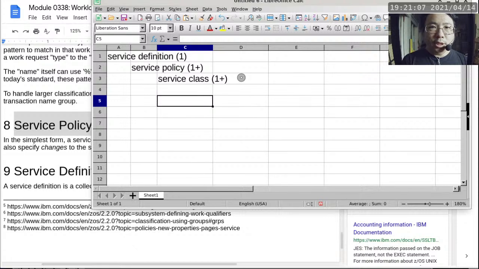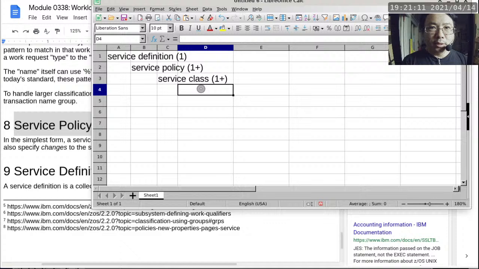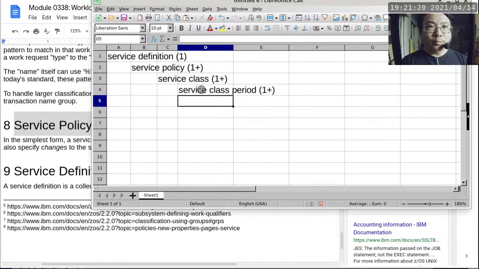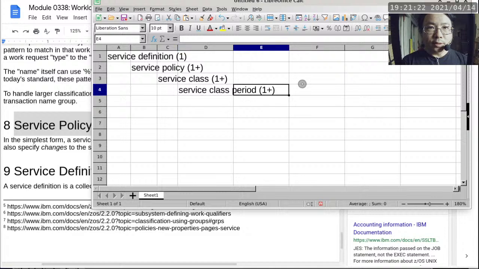And then under each surface class, you have surface class periods. Once again, it's at least one, but you can have up to 8 in this case. So I'm going to use a range and specify you can have 1 to 8 of these.